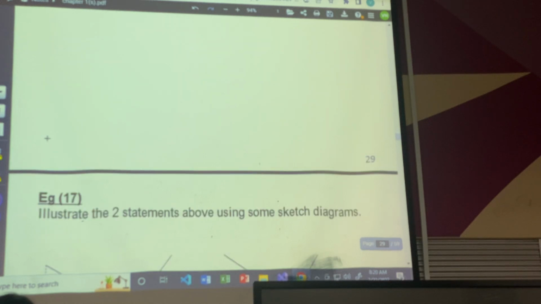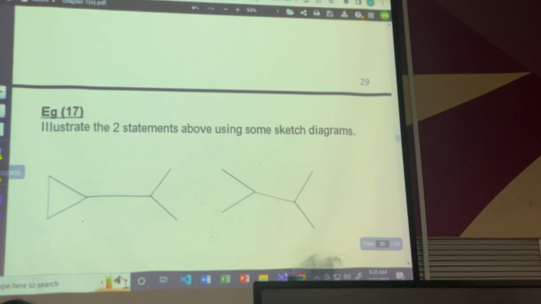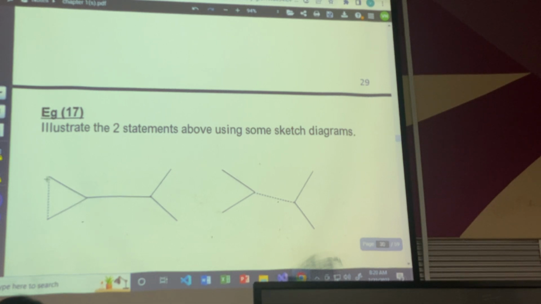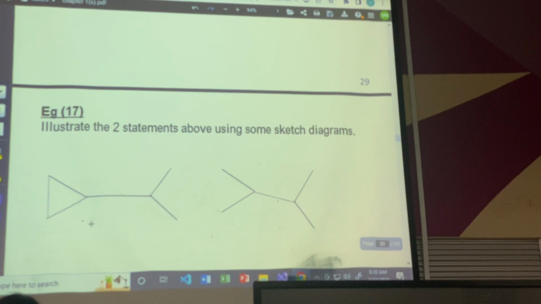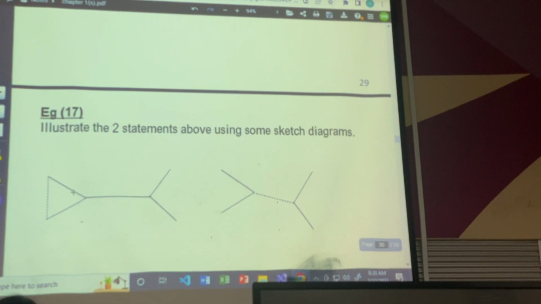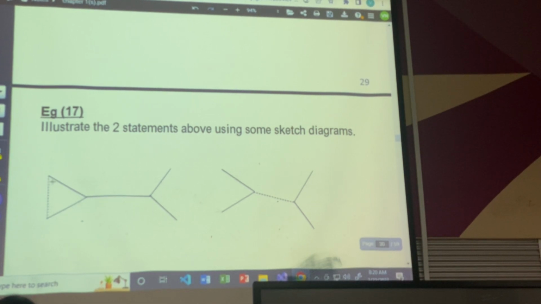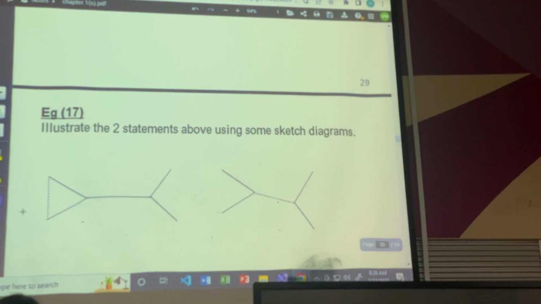For example, without the dotted line here, the graph is acyclic, isn't it? No cycle, right? But when you add in the dotted line, this becomes not acyclic. So the graph originally is a tree, but after you add in one more edge, it becomes not a tree. So this is how we define acyclic again.